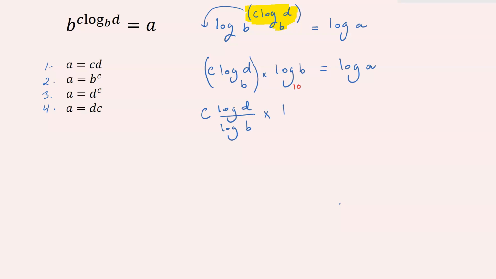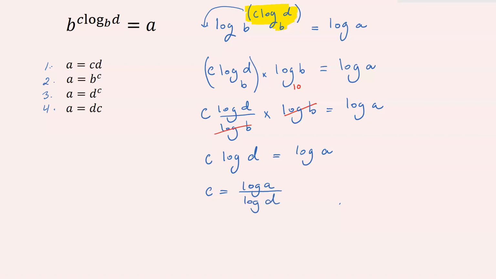By doing that, we can see a pattern, and we're going to take advantage of that, because we can see that log of b can be divided by log of b, and the left hand side becomes c log of d equals log of a. Now we are going to solve for c. So c equals log of a divided by log of d.